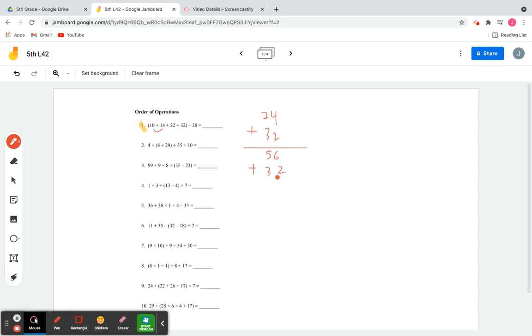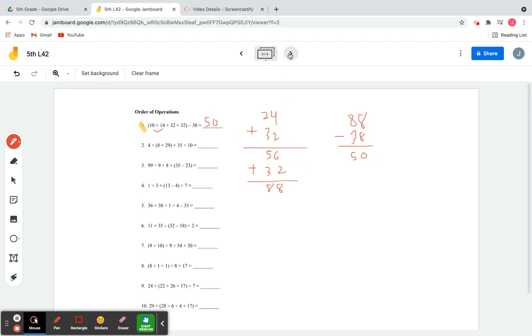So we add it again, and we have 88 here. So the numbers in the parentheses is 88. Now I'm going to subtract. 88 minus 38 is going to be 50. So the final answer for number 1 is 50. Just remember to always do the parentheses first, and then multiplication, division, and then adding.